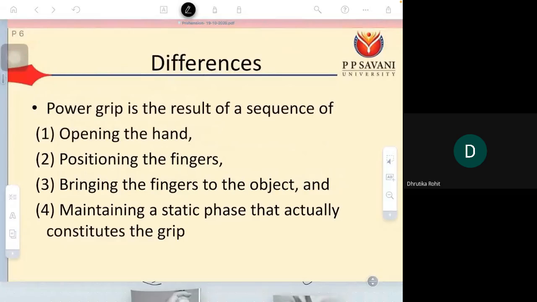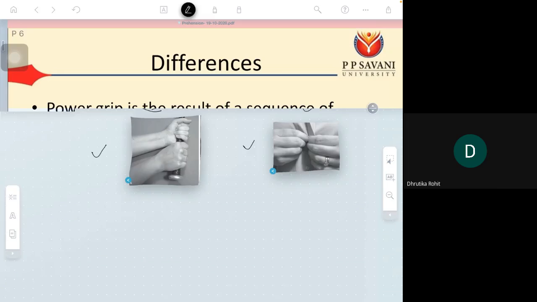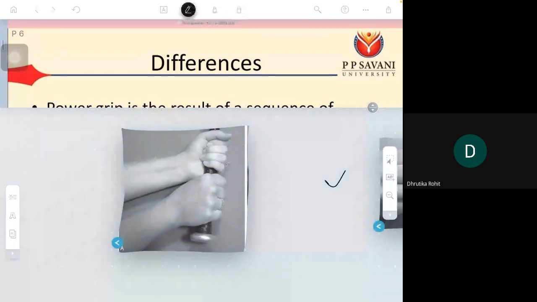First we are going to discuss a few differences, then we will go in detail. Power grip has 4 sequences. What is an example of power grip? Now you have to imagine this diagram. When I am teaching, you have to keep this image in mind.